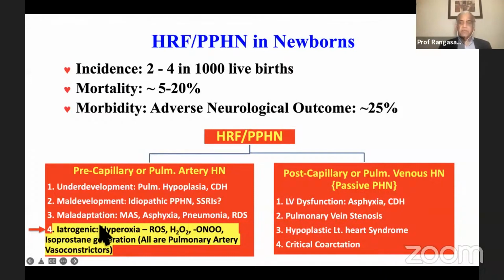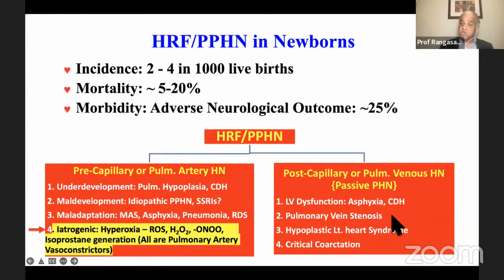If you cause hyperoxia iatrogenically, which is most of the time when we give supplemental oxygen, it does produce reactive oxygen species, hydrogen peroxide, peroxynitrite, and isoprostane generation from arachidonic acid. All are very potent pulmonary artery vasoconstrictors. So if you give too much oxygen, you're going to cause pre-capillary pulmonary hypertension. You can use pulmonary vasodilator to treat this condition.